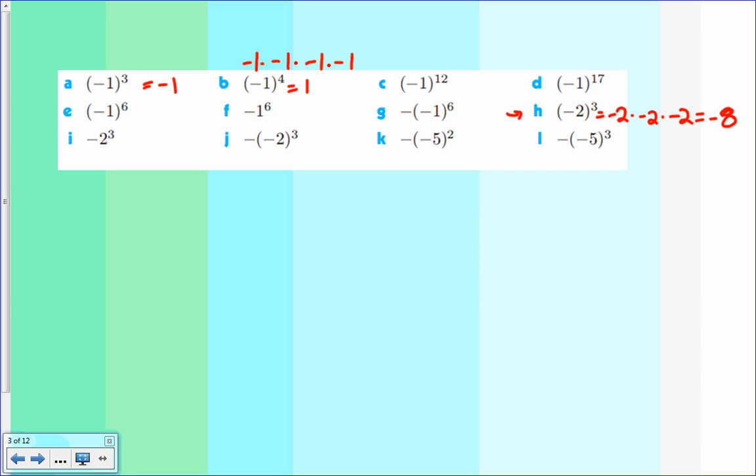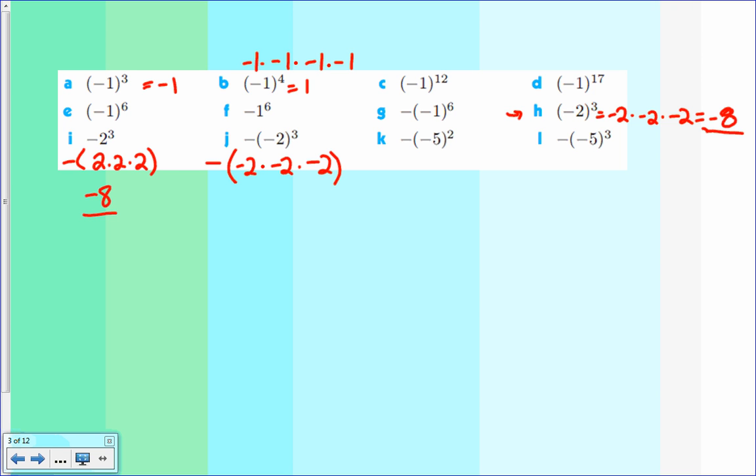This one here, I, says I want you to cube 2 and multiply that result times negative, and you get -8. So this time we did get -8 for H, and -8 also for I. And in J, what we're going to do is we want the opposite of -2 times -2 times -2.